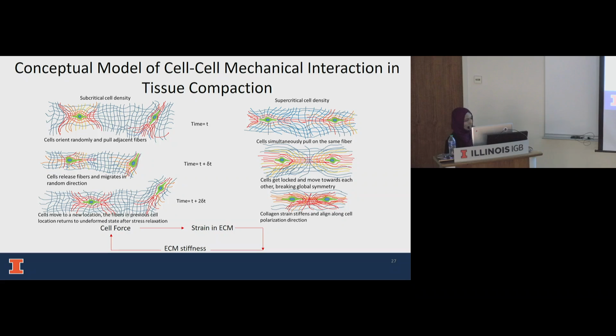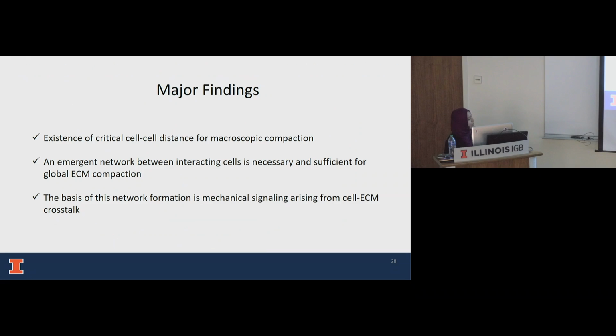So the major finding is that we have seen the existence of a critical cell-cell distance for macroscopic compaction, and it's not just the anisotropic boundary condition, rather the mechanical feedback loop and the cell-ECM interaction that governs this process.